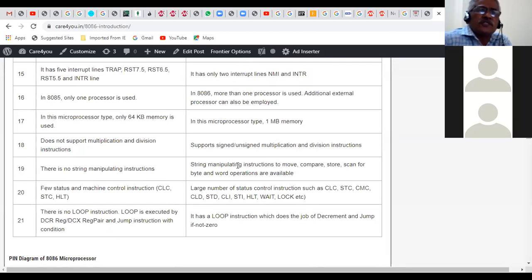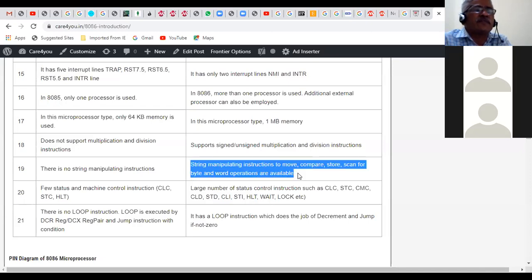All those concepts are here in the 8086, because it was the 8086 and 8088 microprocessor using which the first PC was built. With the 8085, there was no application in the personal computer.